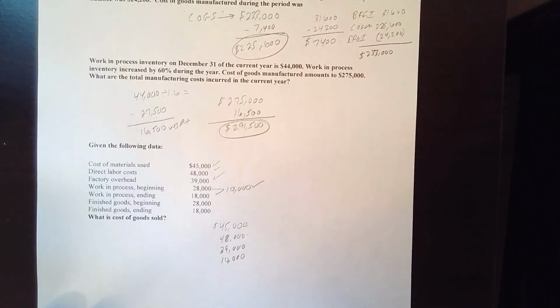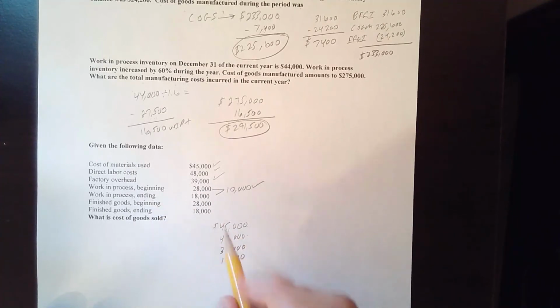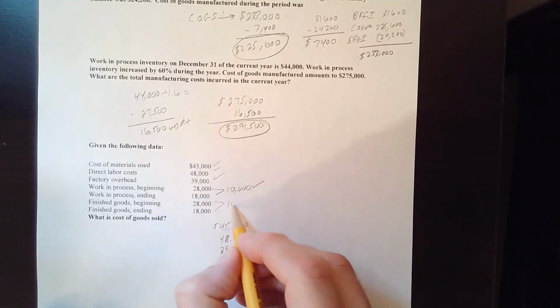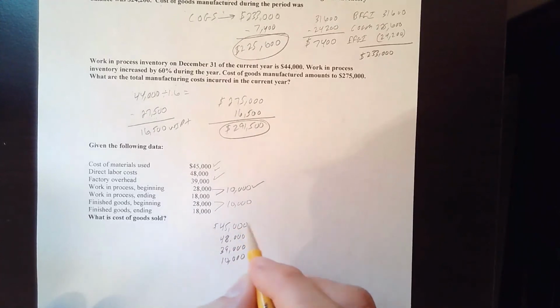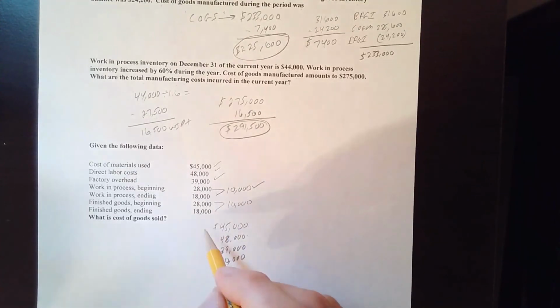Even with that, if we look at finished goods, the beginning was 28,000, same numbers it looks like, and finished goods ending is $18,000. So our finished goods went down by 10,000.